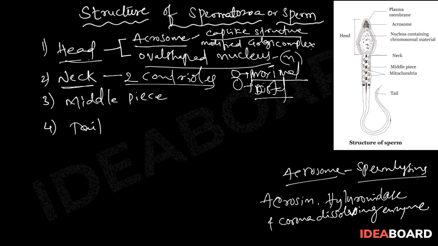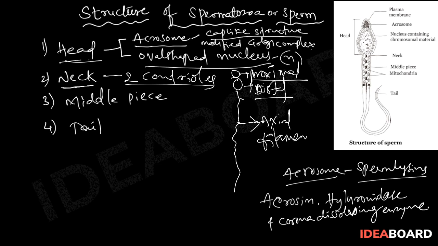This proximal centriole is useful for the initiation of cleavages after fertilization. Next, this distal centriole is useful for the production of a long axial filament.